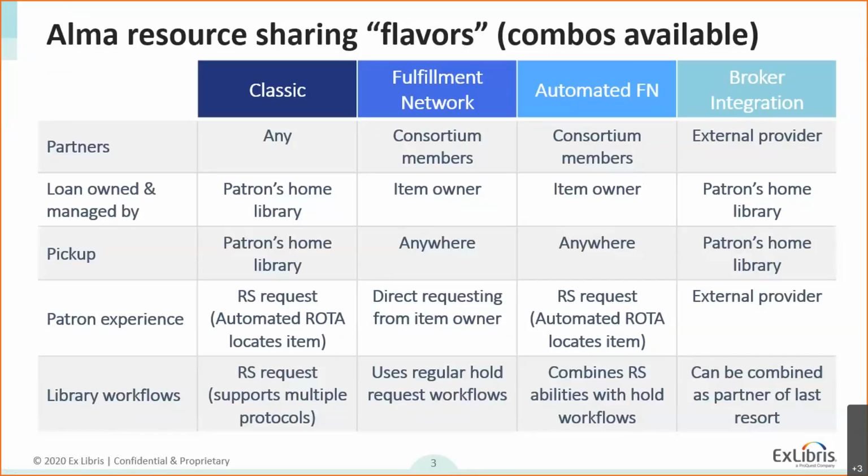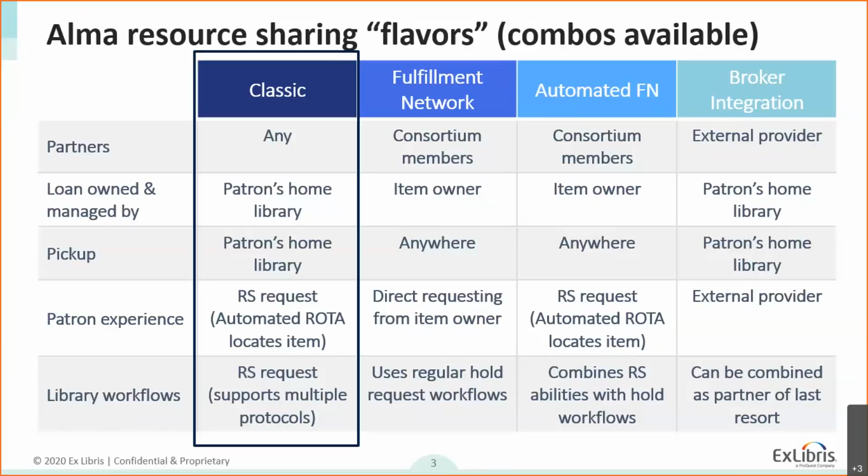So if I have a consortium, I might have a classic or a fulfillment network integration with my consortium members. But if none of them have what I need, I might go to a broker and try to find the resource outside my library. And today we're going to focus on the classic.